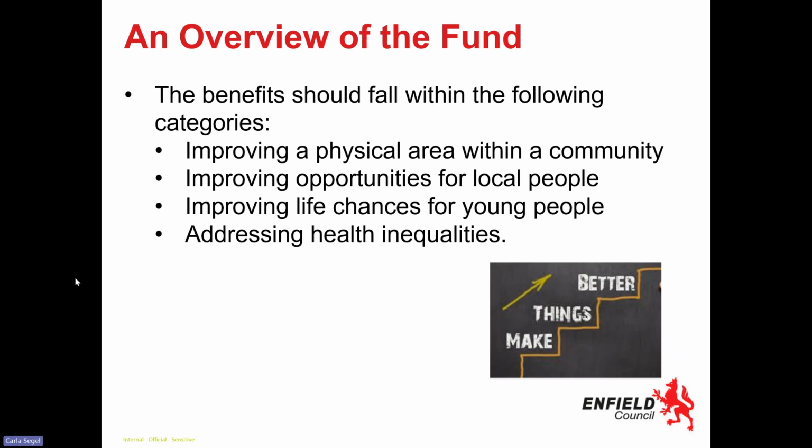So the benefits should fall within one of the following categories. You need to be able to improve a physical area within a community, improve opportunities for local people, improve life chances for young people, and address health inequalities.